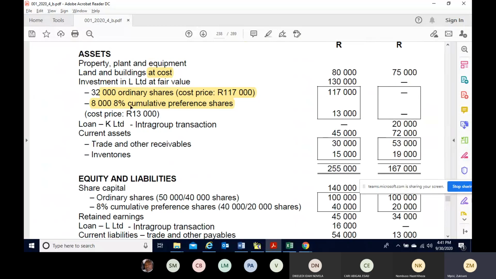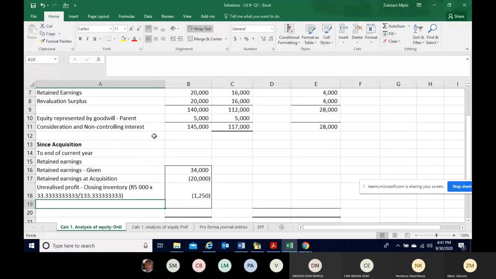So how do we know how much is supposed to be paid? It is 8% multiplied by 13,000. Remember, this is cumulative preference shares, so it is building up. So in this case, we say arrear dividend, because remember, they will not be paid for this year.